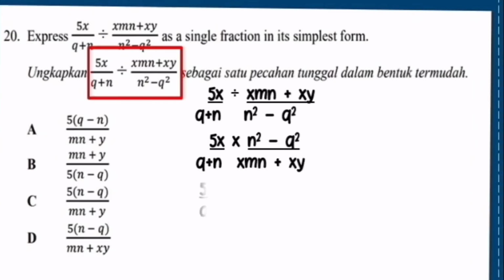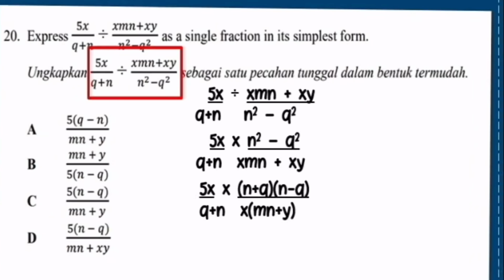Now we need to factorize before we can cancel out the factors, right? So 5x over q plus n times, the difference of squares you can write as n plus q, and then n minus q.